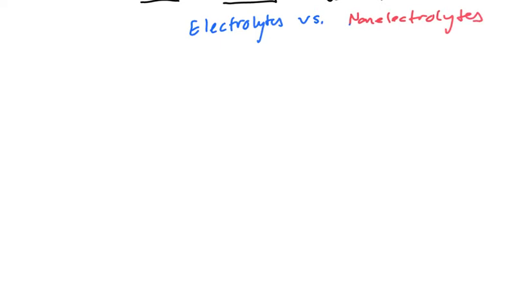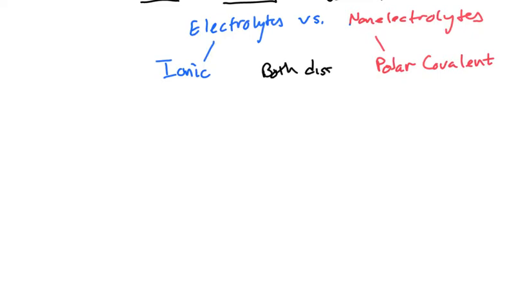Generally speaking, electrolytes are going to be our ionic compounds. Our non-electrolytes are generally going to be polar covalent compounds. So both of these are going to dissolve in water.